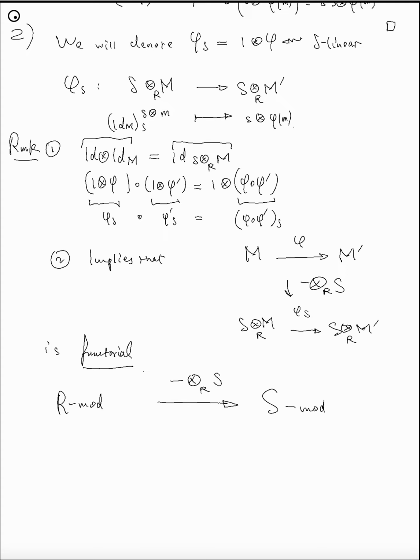This is a functor actually. It turns R linear maps into S linear maps, and the composition of R linear maps into the composition of S linear maps, and the identity of R linear maps into the identity of S linear maps.